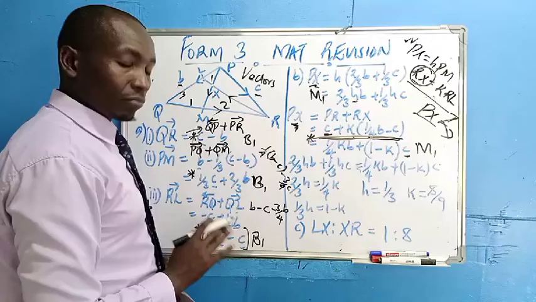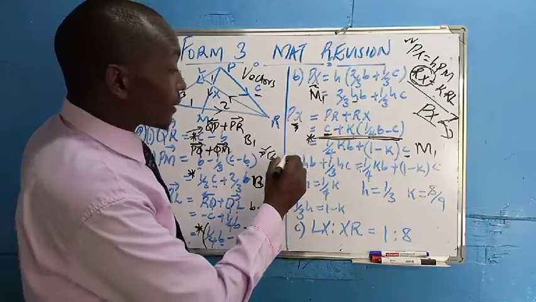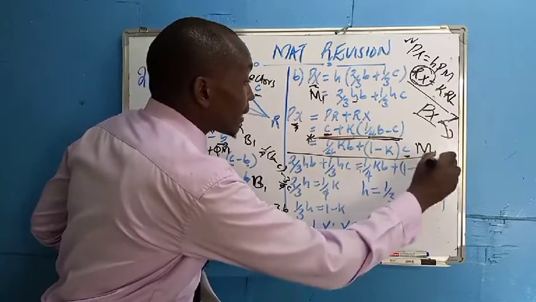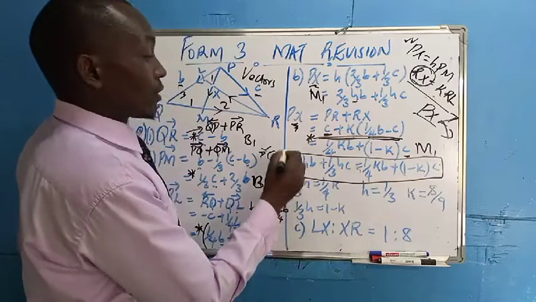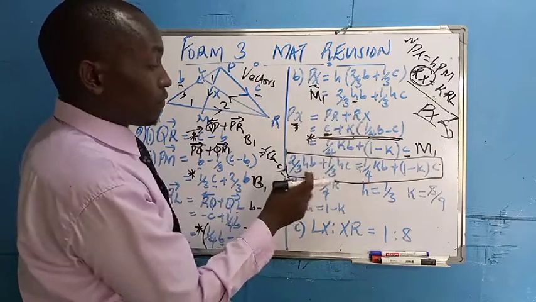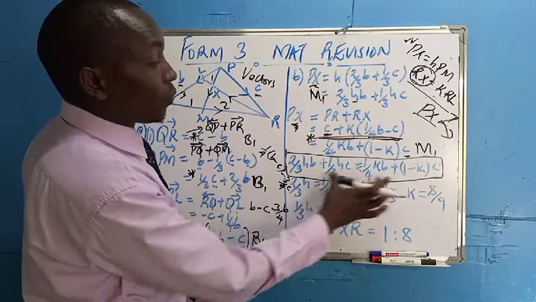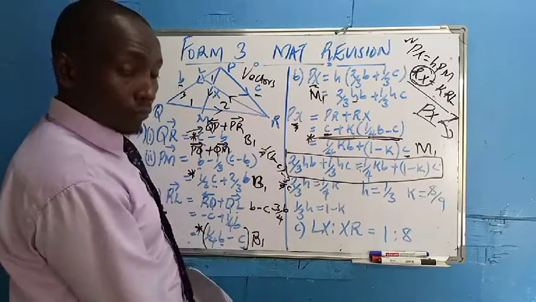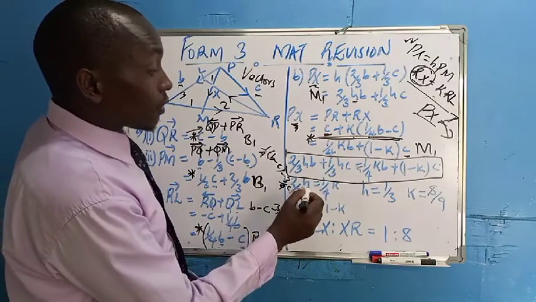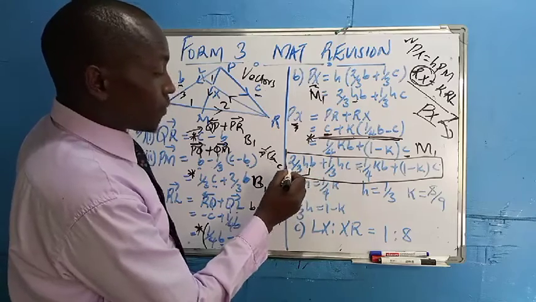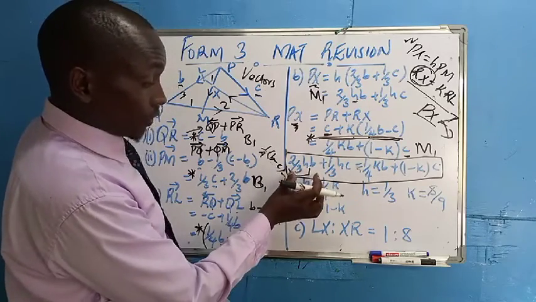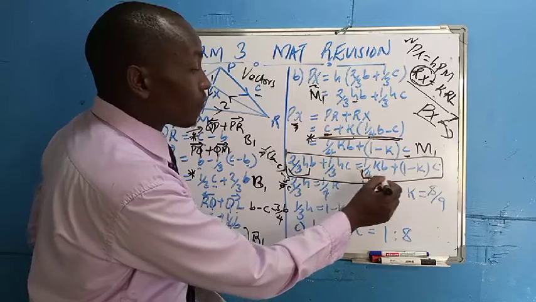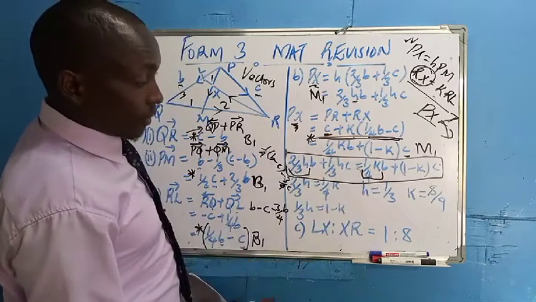So I equate them. That is what I've done here. The PX I had before is equal to the PX for the second part. Then I equate the coefficients of B, ignoring the vector part of it.